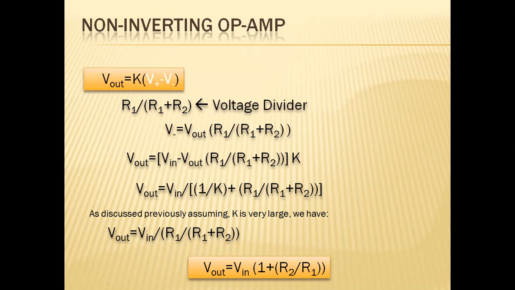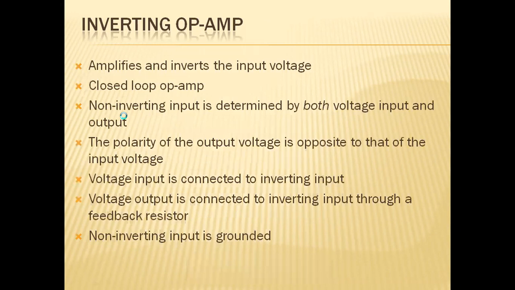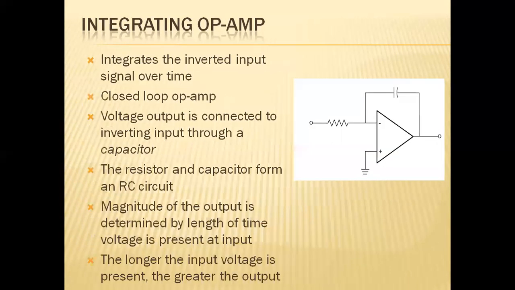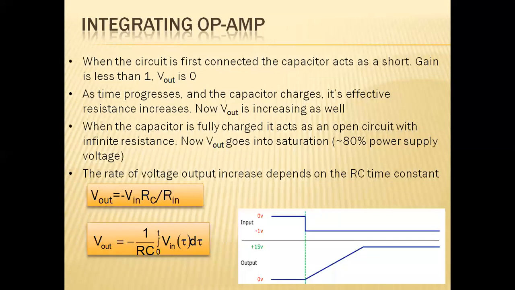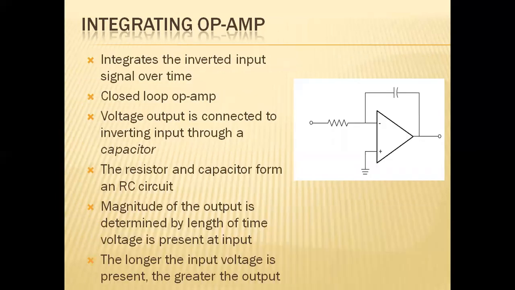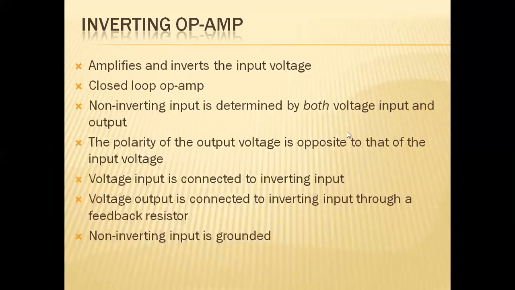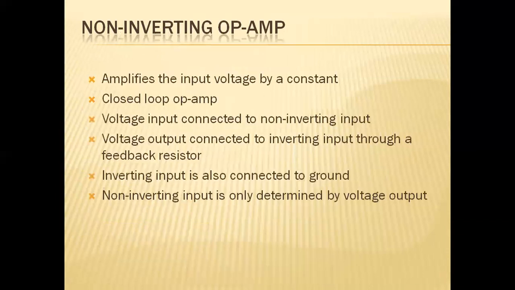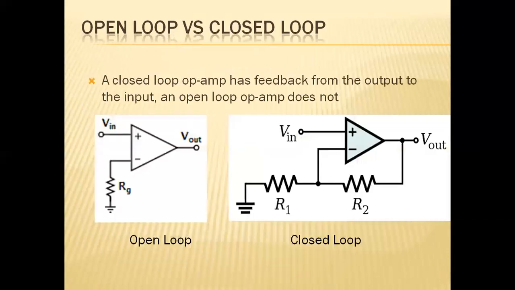Hence, in the case of this non-inverting amplifier, the resistor R1 is seen in the diagram. As we have discussed in the previous slide, this is a diagrammatic representation.